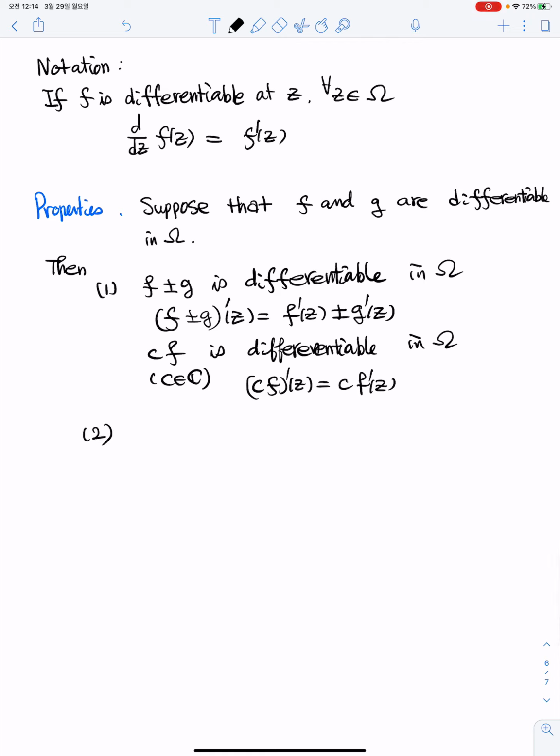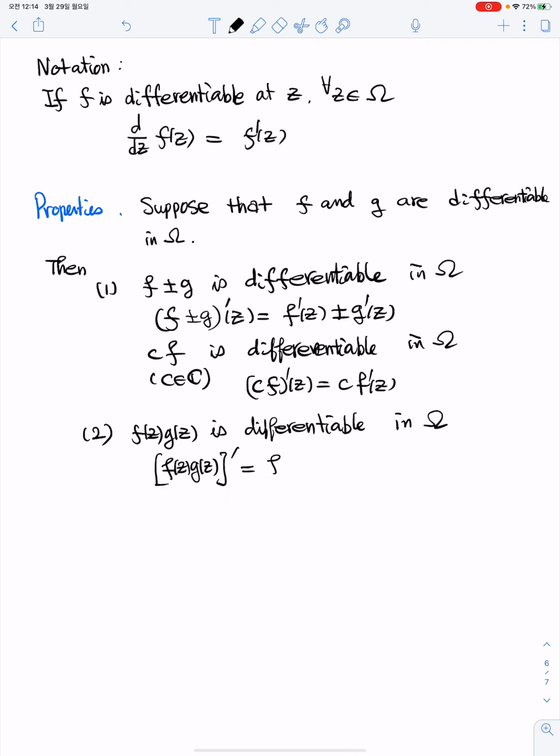And the second property: f times g is also differentiable in omega, and you have the product rule, f prime times g plus f times g prime. So it is the same as in calculus.